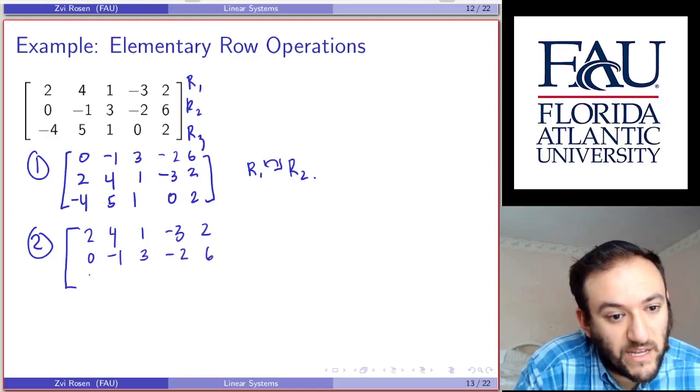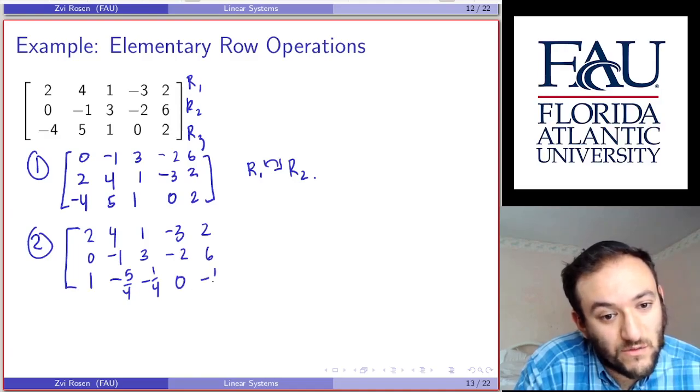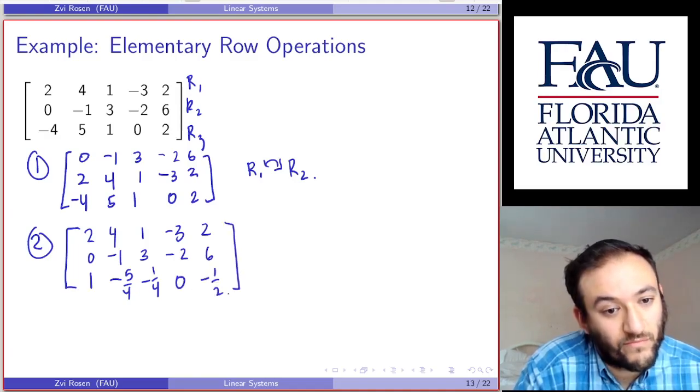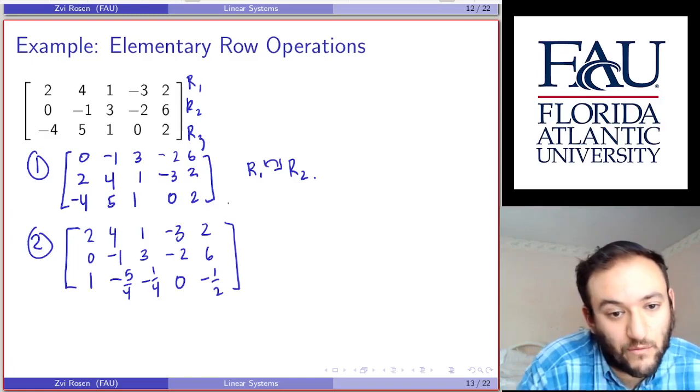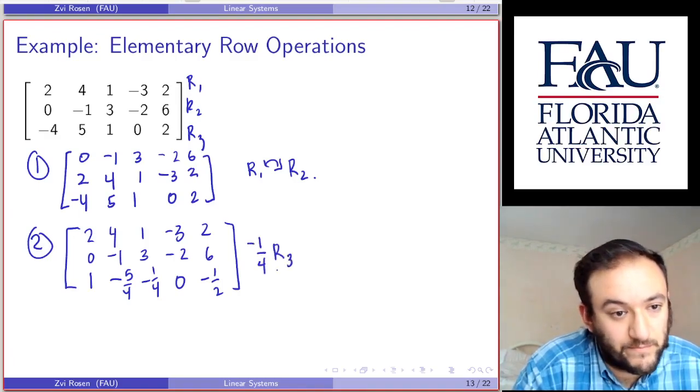And now I'm dividing this by -4, so I'll get 1, and then minus 5 over 4, minus 1 over 4, 0, and minus 1/2. Okay, this is what we get when we multiply row 3 by minus 1 over 4.